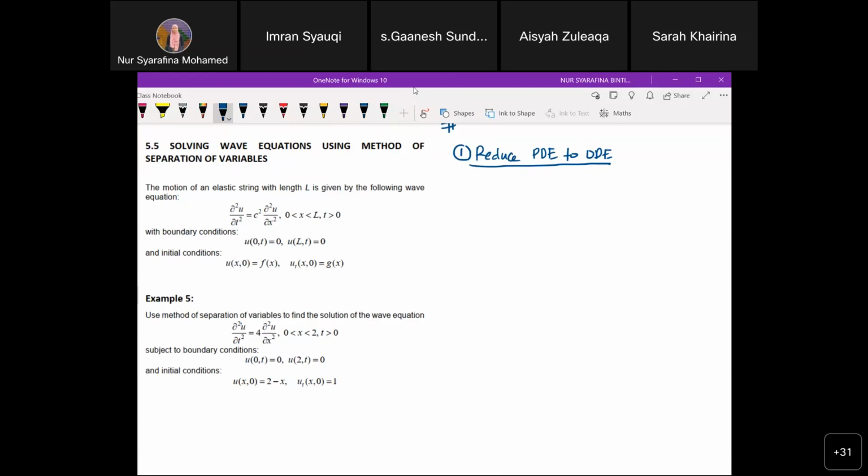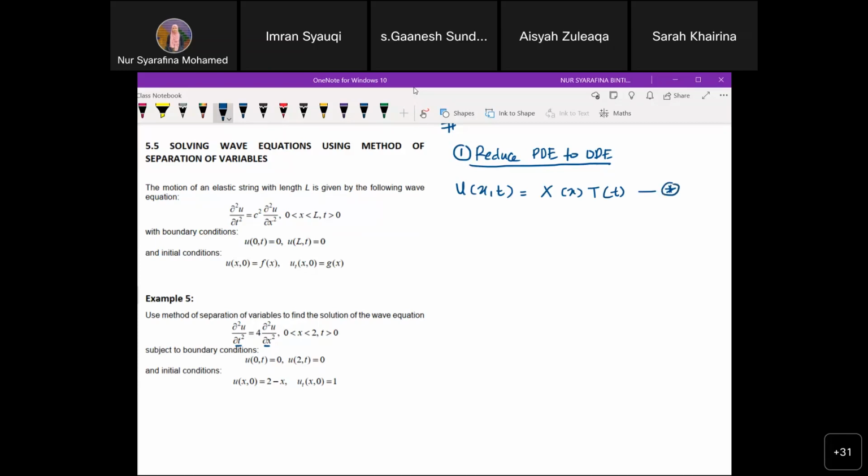For this case, you have U in terms of X and T. So you have U, X, and T there, and the expected solution is U equals X times T.